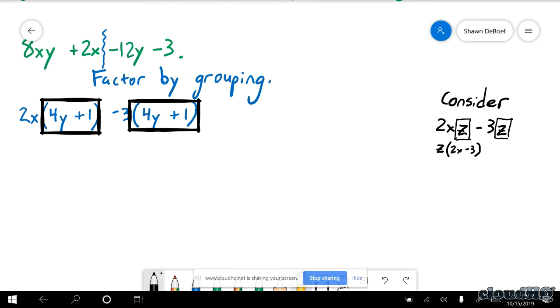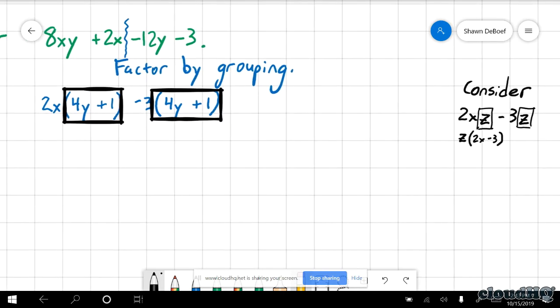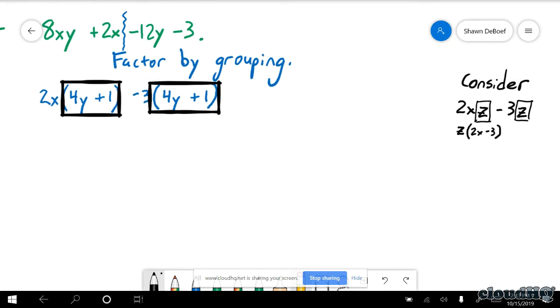I get to do the same steps that I did over on the right. So on the right, I noticed that I had a z in both of them, so I factored it out front. What factor do I have in common over here in this problem? They both have a 4y plus 1. So I get to factor that out. I'm undistributing it.